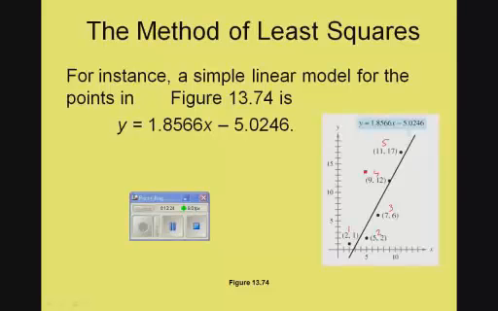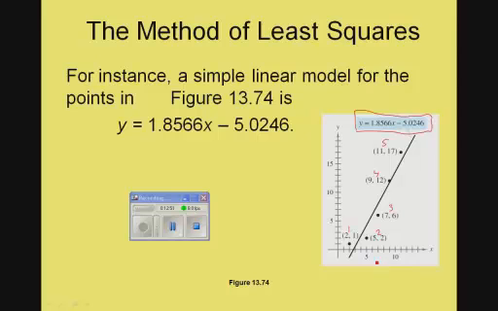Have you ever done this on the calculator? You can plug these into your TI-83 if you have one, and if you go to regression, it'll actually plot and come up with the equation of a line. The thing is, it doesn't tell you how it does it.